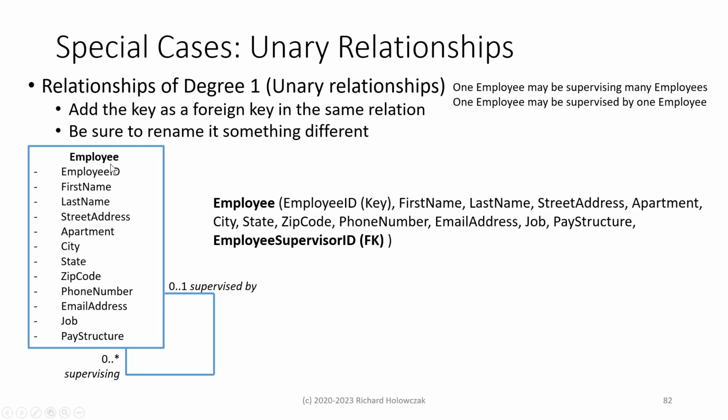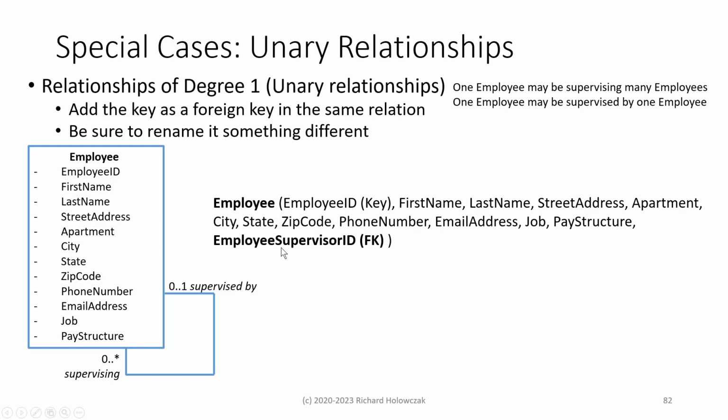When we convert this to a relation, we start off in the normal way, employee with employee ID. We copy in all of the attributes. But what does a one-to-many relationship tell us to do? We should take the key from the one side and copy it to the many side. Well, because this is a unary relationship, that is a relationship with an entity to itself, we can't just put employee ID directly in here because we already have an employee ID.